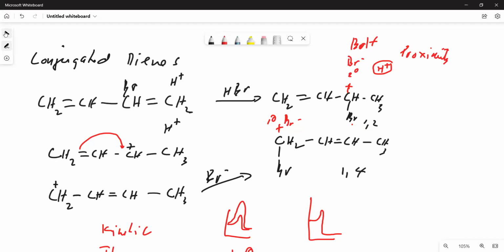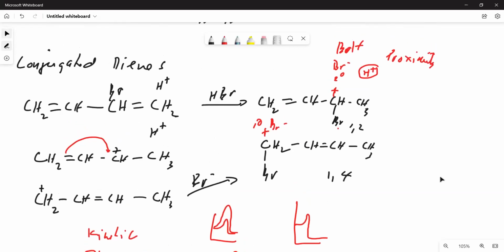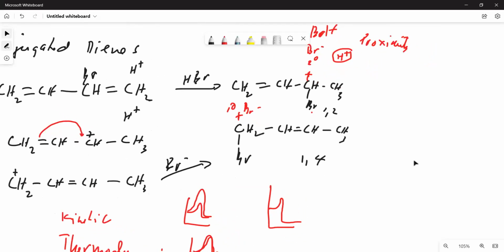Now, here in this example, the 1,4 is the thermodynamic product, and you have to set the conditions for it to be the major product. You raise the temperature, say 45 degrees Celsius, to make the reaction reversible.